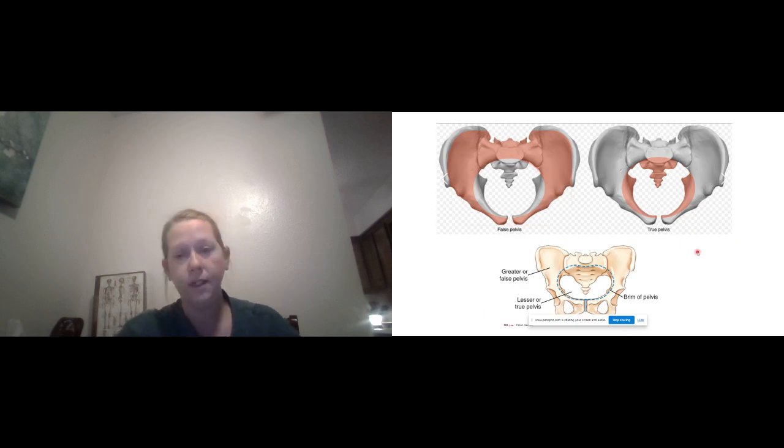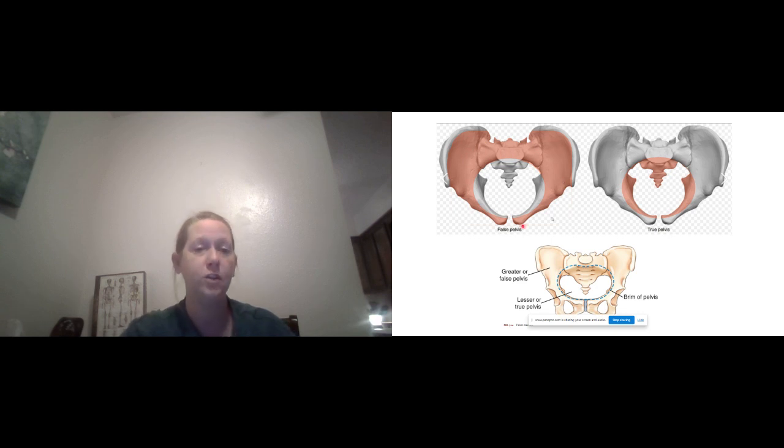So in the pelvis, you have what is known as a false pelvis and a true pelvis. So the true pelvis is anything underneath and within the brim of the pelvis. So that would be your bladder and anything that is down below the brim of the pelvis. Now, anything that is above, in the false pelvis, would include your abdomen, your intestines, all kinds of good stuff.